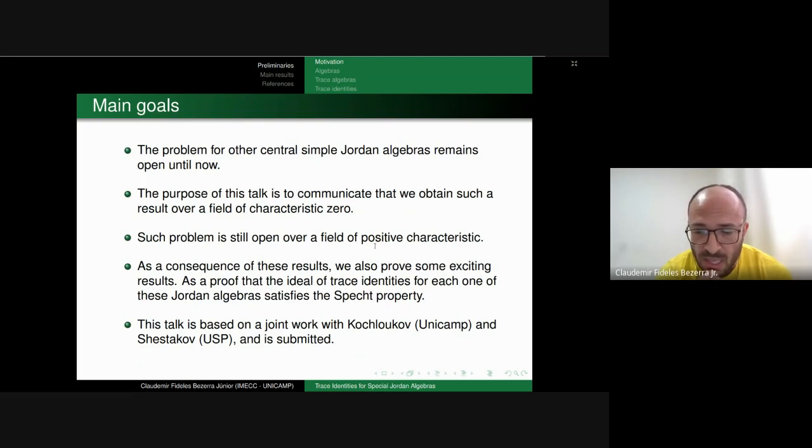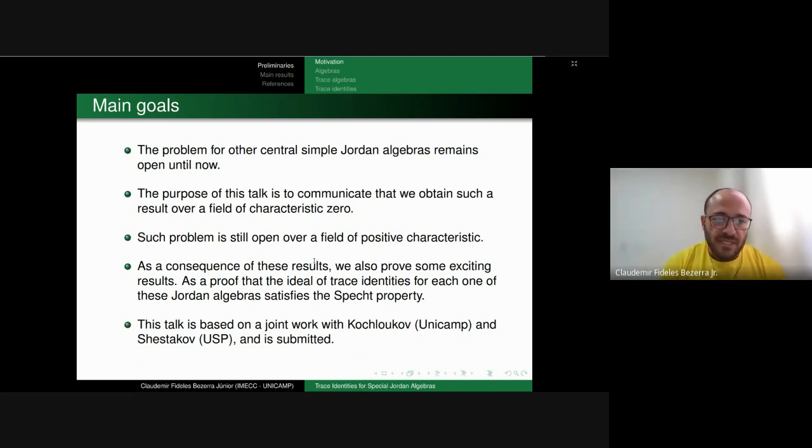In the same work, there are many consequences of these results. For example, we can prove that the ideal of trace identities for each one of these Jordan algebras satisfies the expected property.